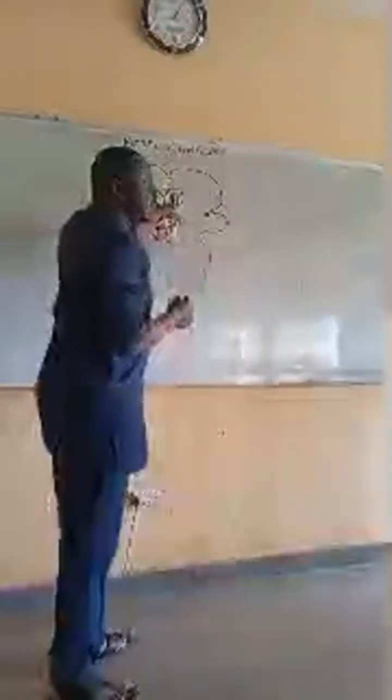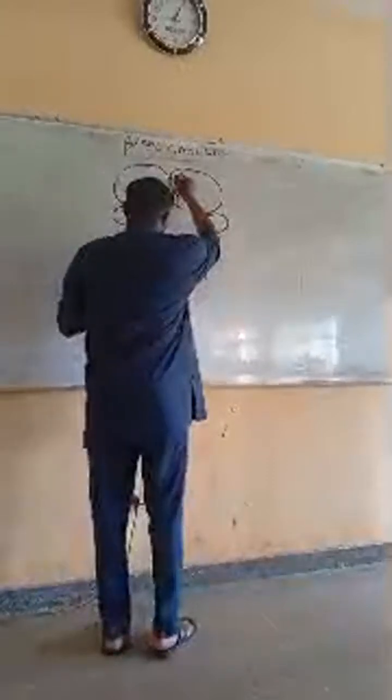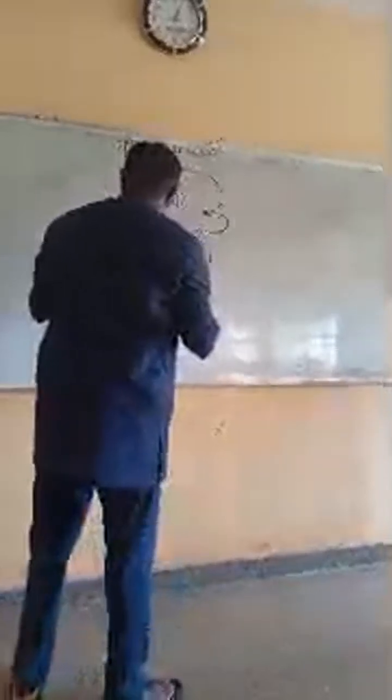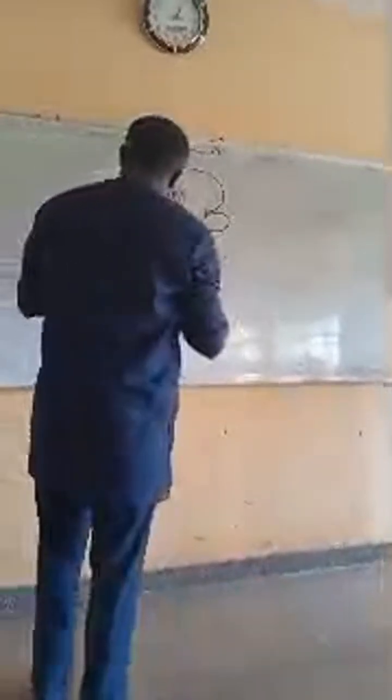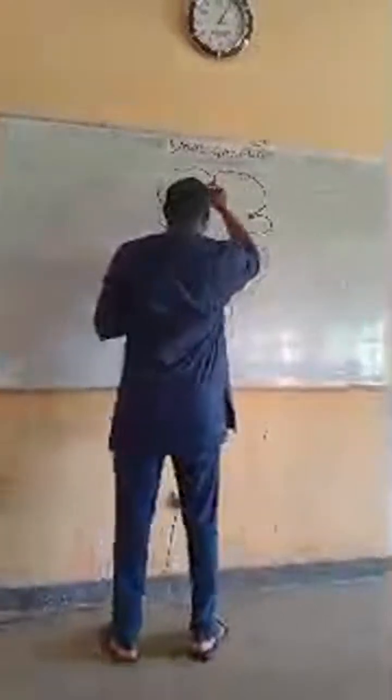This is the third ventricle, and this is the thalamus. Now, we have another structure that is here.